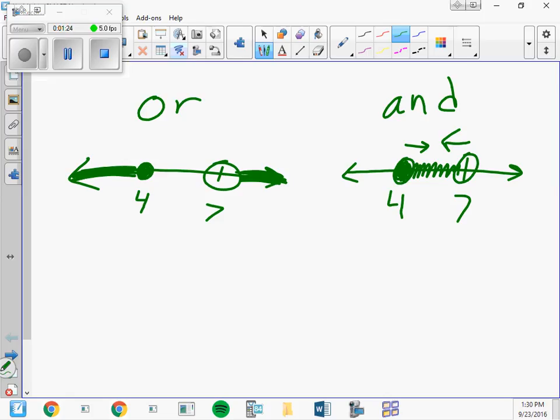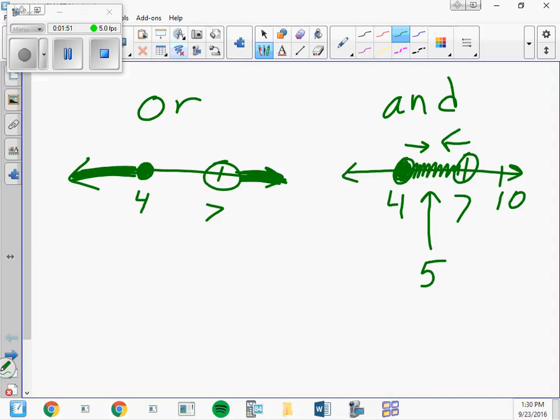An OR means you satisfy one or the other, and AND means you have to satisfy both. So, is 5 a solution to this set? 5 is bigger than 4, and it's smaller than 7. What about 10? 10 is bigger than 4, but it's not smaller than 7.